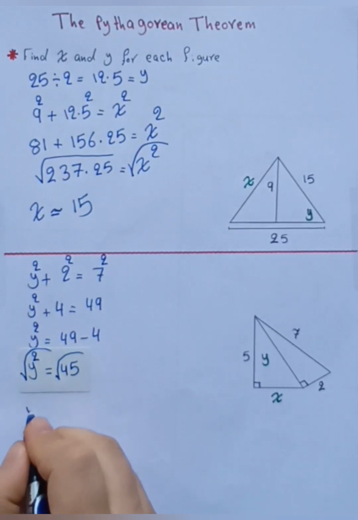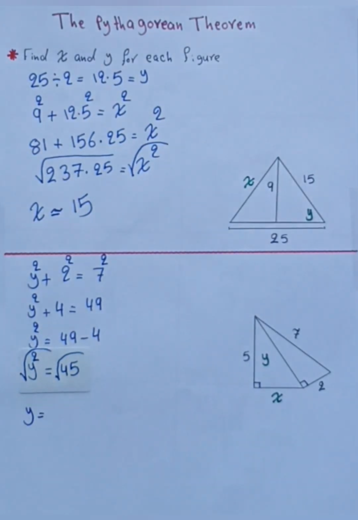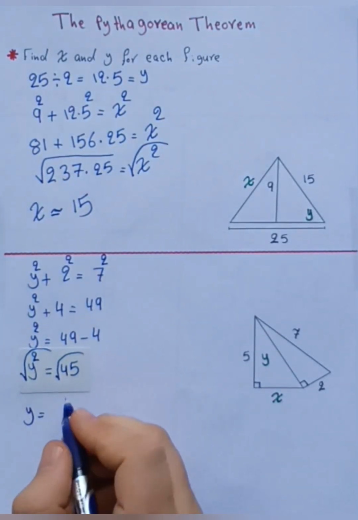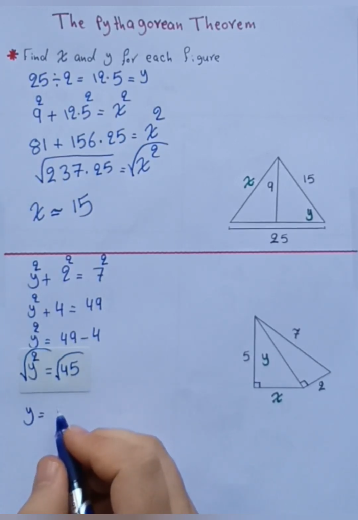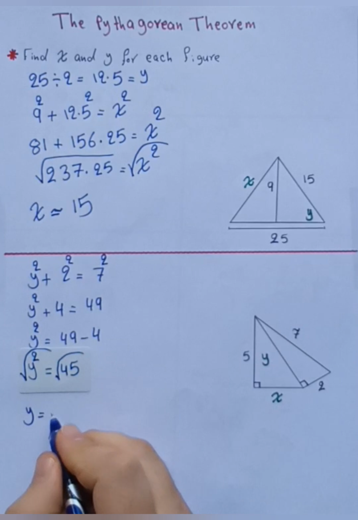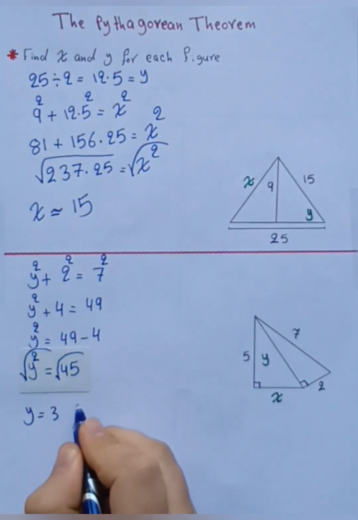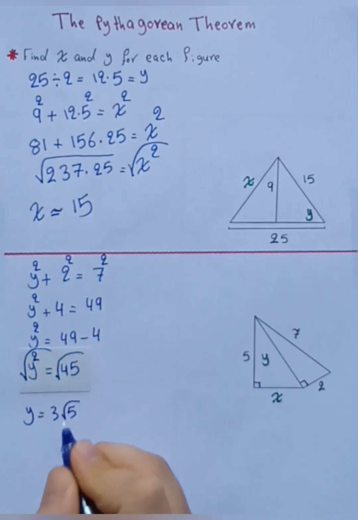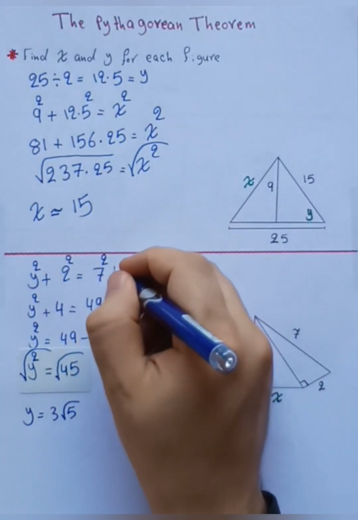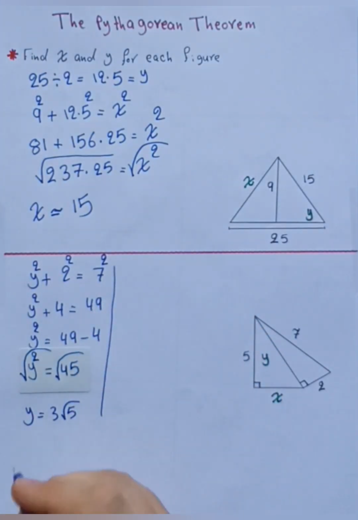So the value of y equals the square root of 45, which equals the square root of 9 times 5. So the value of y is equal to the square root of 5 times 3. After that, we have to find the value of x.